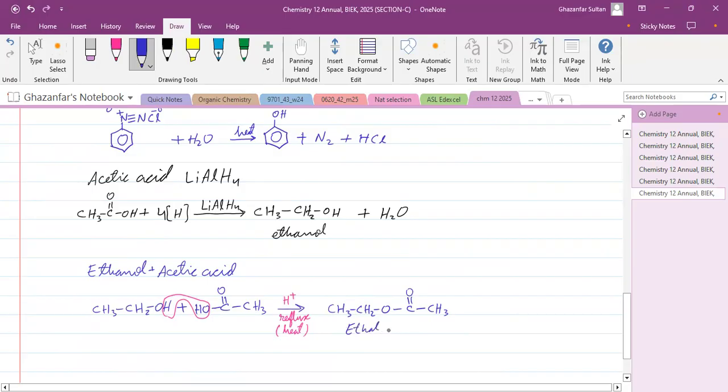Ethyl ethanoate. The name of the ester ends in oate. This is the suffix for ester. Okay.